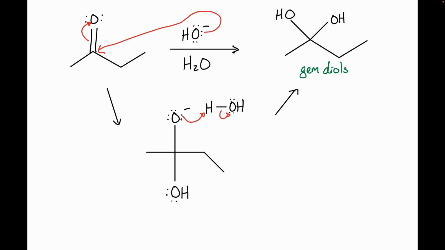They are very difficult to isolate in high amounts unless you have a very, very tiny aldehyde or ketone. The equilibrium tends to lie in favor of the reactant side. Not a super favorable reaction, which is why you don't see them very often. But nonetheless, this reaction is always occurring in a small amount in any solution. So it's not like you don't form any gem diol at all.